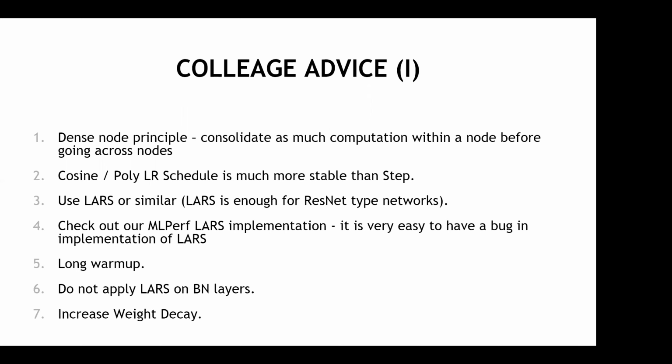This does not mean the cyclic learning rate. There is one paper in the context of cosine learning rate decay which is doing a cyclic character. So just to make sure that it's not this one.